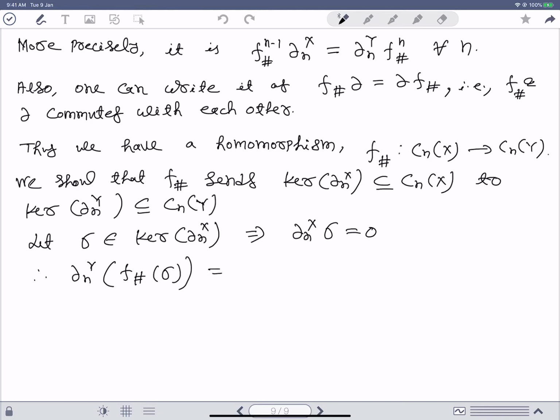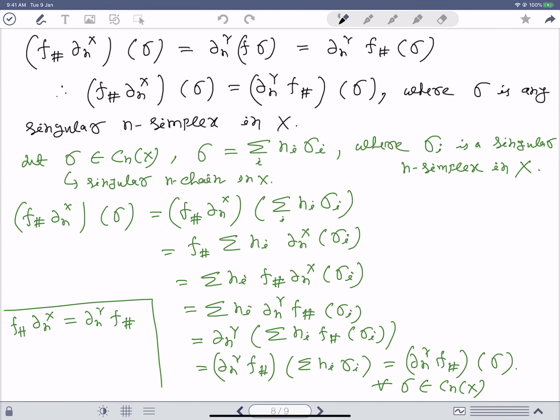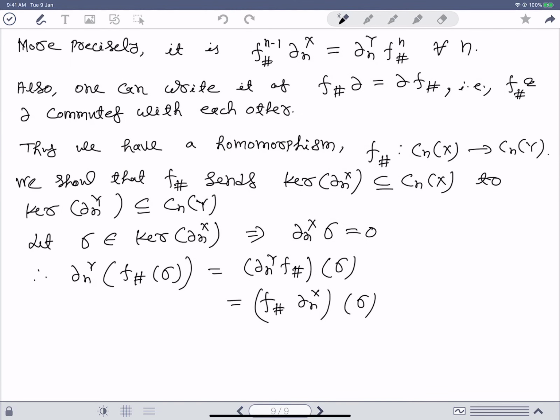This is the same as del n y f hat sigma, right? And we have already seen that this is commutative, so that is f hat del n x sigma, right? We have seen that. Now that is f hat of del n x sigma, but we have seen that del n x sigma equals 0. So f hat of 0 is 0.